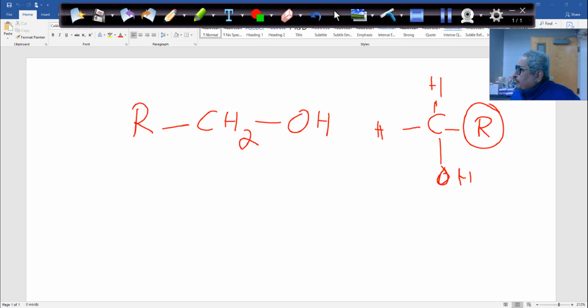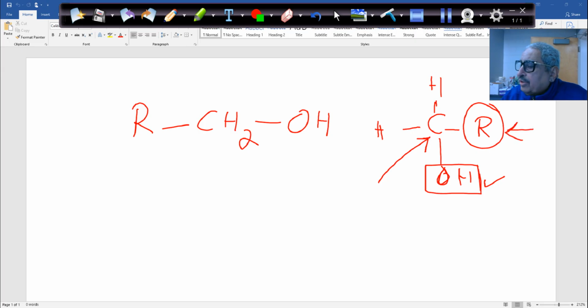The hydroxy group here is on the carbon that carries the OH, and that carbon is connected to one alkyl group. This carbon carries the OH and has only one alkyl group. So this is called primary.